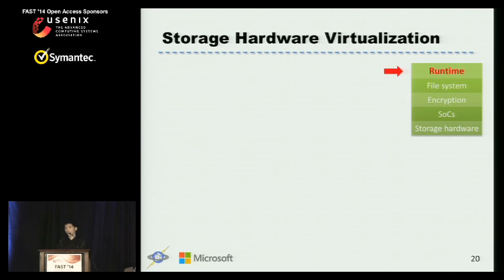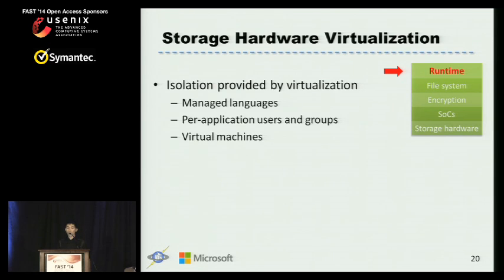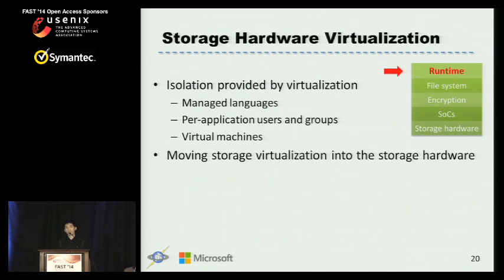So let's first take a look at the runtime cost. Currently, isolation is provided by software virtualization. We use managed language, we use per-application users and groups, and we also use virtual machines. But what if we can move the storage virtualization into the storage hardware? That means that each application has an illusion of a private file system.